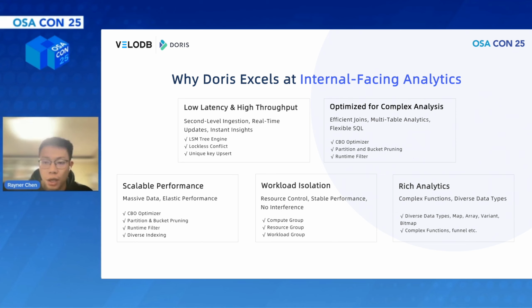Key features here are the cost-based optimizer, partition and bucket pruning, and especially our runtime filter technologies. And finally, we support rich analytics with diverse complex data types like map, array, variant type for JSON, and bitmap, plus complex functions like funnel analysis.